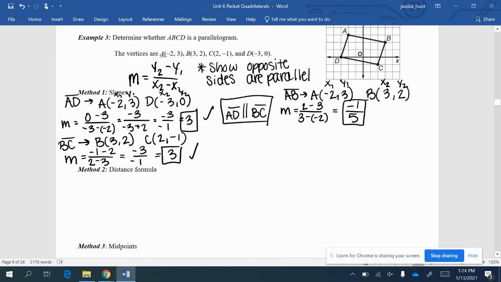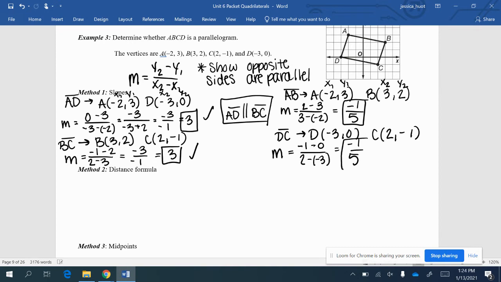So that slope is -1/5, and then the opposite side is DC. They are the same, so then segment AB is parallel to segment DC.